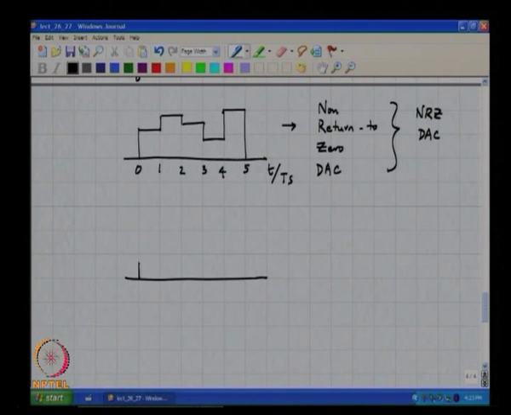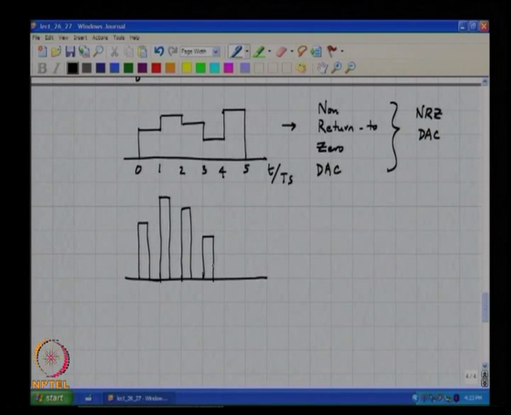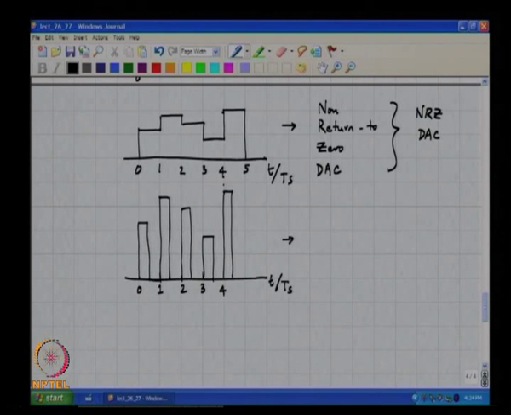For example, this is what is called the return to 0 DAC, or in short the RZ DAC.